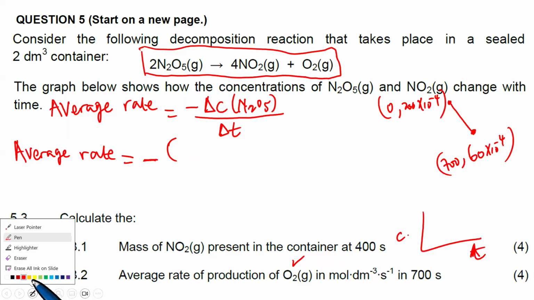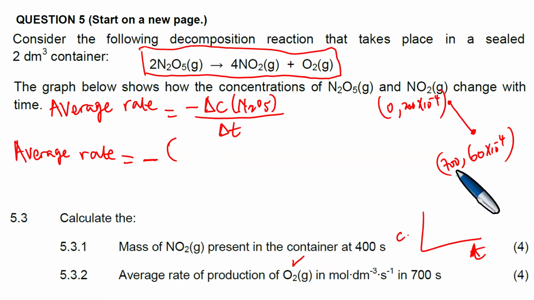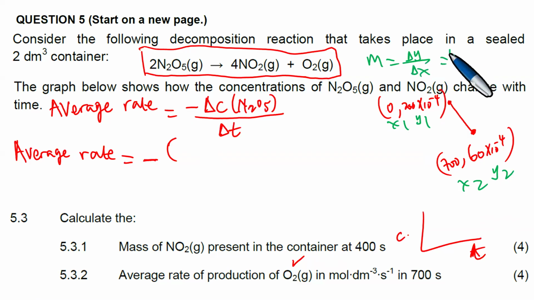So this thing here is a change in concentration. One way to do this is to say, with this point initially at time 0, at time 700, we have x1, y1, x2, y2. We use what we use in analytical geometry. Slope is y2 minus y1 over x2 minus x1.